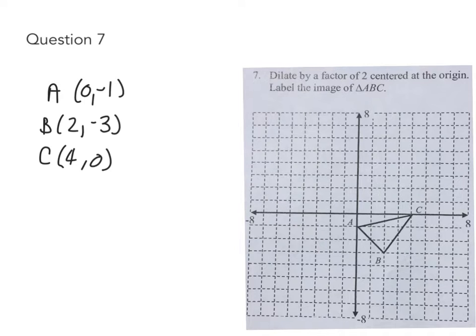What we can do here is just multiply each of the ordered pairs, so the x and the y values, by the scale factor to get the coordinates for A prime, B prime, and C prime. So let's try that. For A prime, I know 0 times 2 is still 0. Negative 1 times 2 is negative 2.